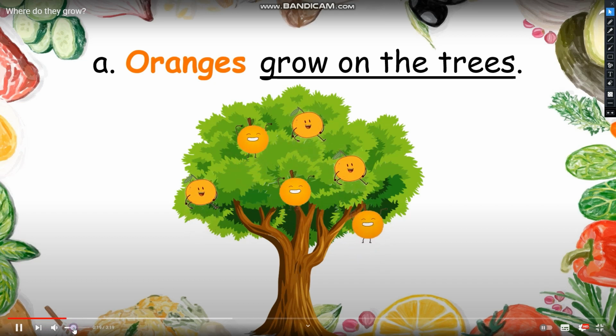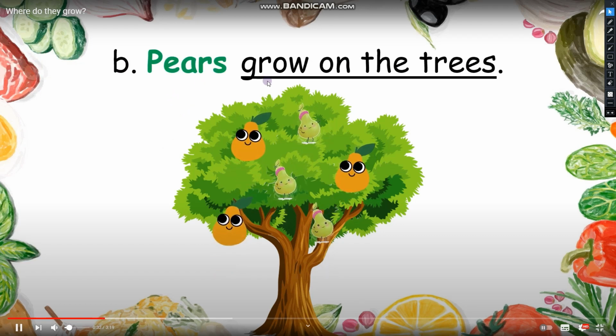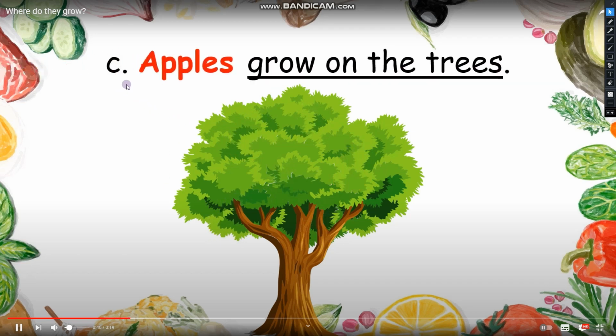Okay, oranges grow on the trees. B, pears grow on the trees. C, apples grow on the trees.